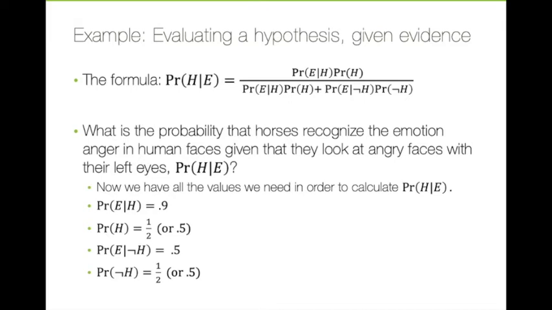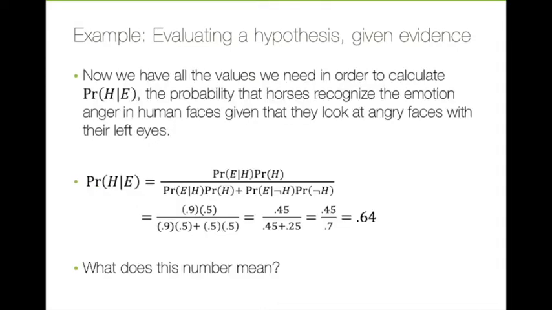We needed the probability of E given H. We determined that was 0.9. We needed the probability of H. That's 0.5. We needed the probability of E given not H, also 0.5, and the probability of not H, again, 0.5. If you need to, go back and check the reasoning that led to any of these values.